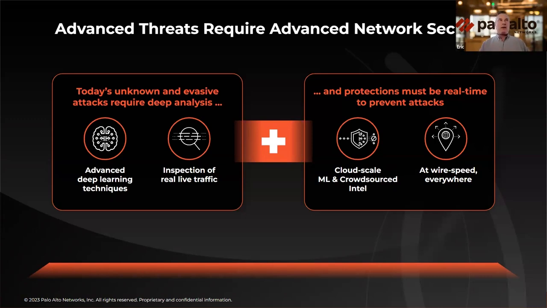Because we're seeing so many new, sophisticated, zero-day threats, providing a firewall is really not the only thing that we do. We also provide what we call security subscriptions or security services on top of those firewalls.